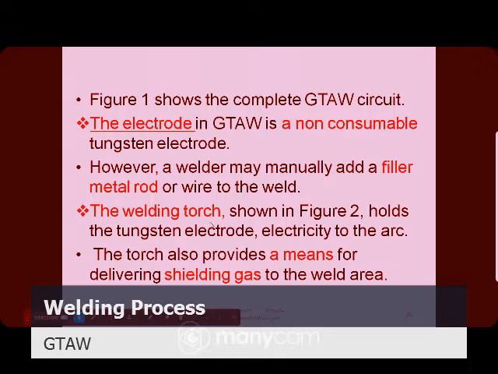The welding torch is one piece of equipment. In gas metal arc welding, as we know, there is a welding gun, but here there is a welding torch, which is used to hold the tungsten electrode and to conduct electricity to the arc.